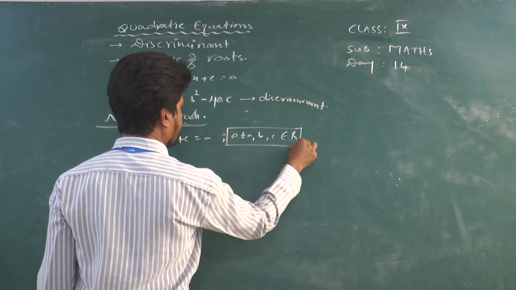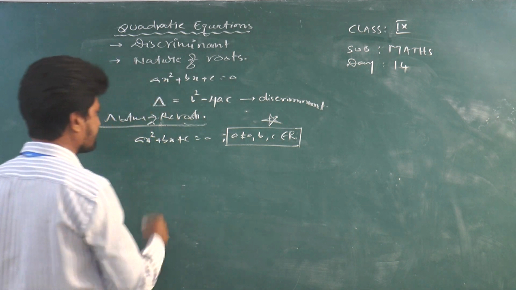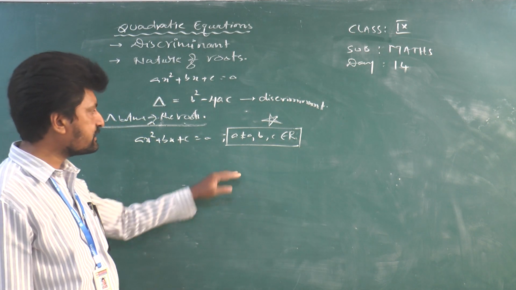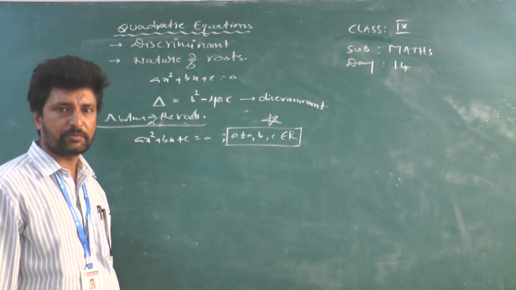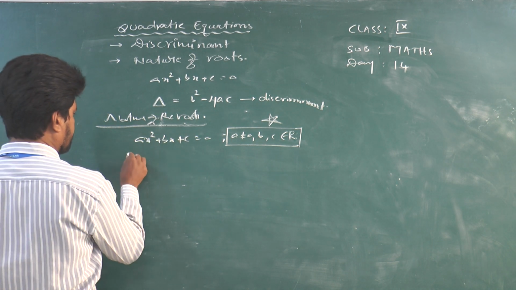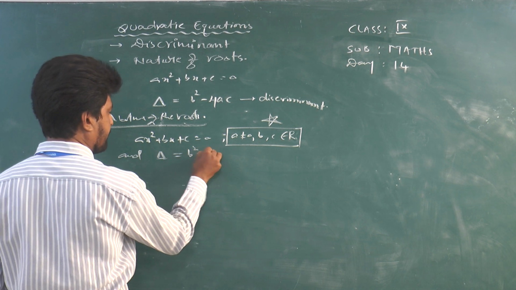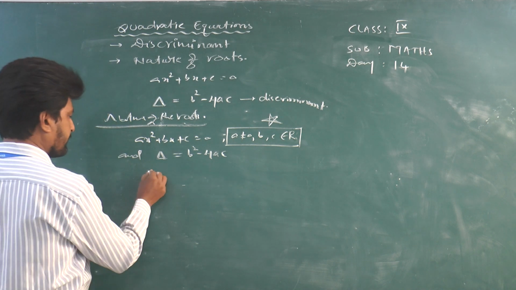Here, this is very important. Only if the coefficients are real numbers are we discussing the nature of the roots. If the coefficients are complex numbers, we cannot discuss the nature of the roots. Before finding the nature of the roots, let us first find delta. Delta is nothing but b square minus 4ac.